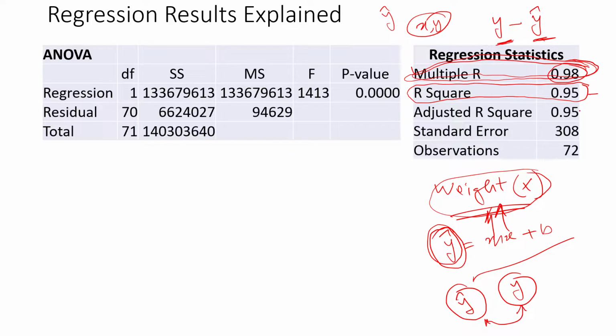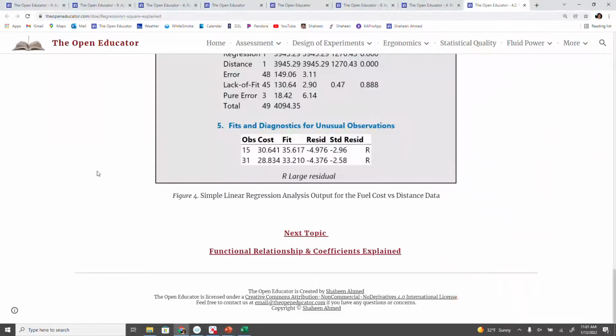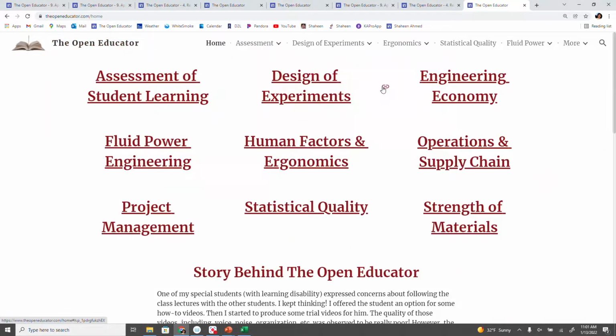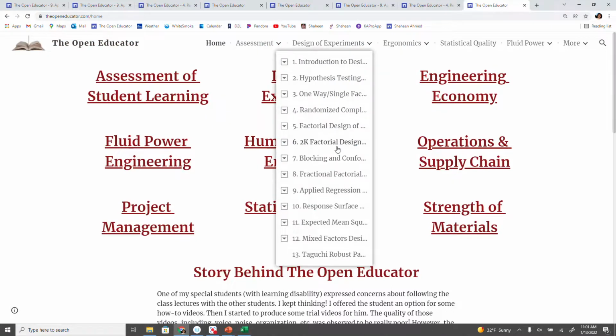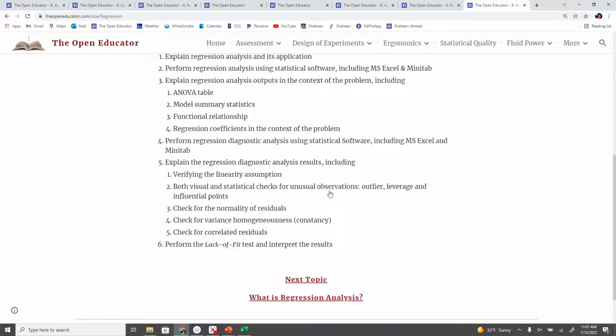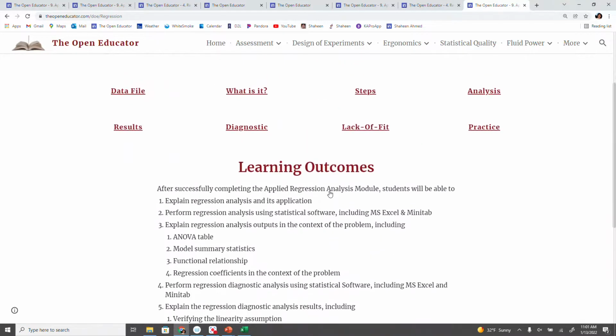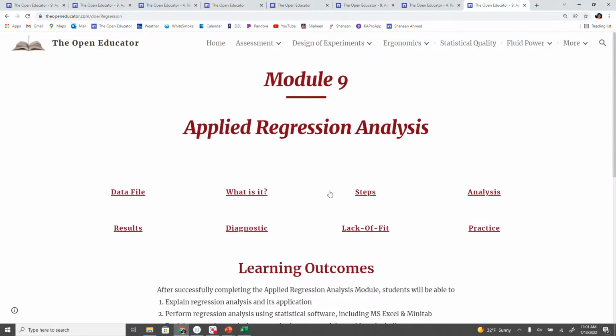Now there are a couple more statistics, adjusted R squared, standard error, things like that. If you're new to regression and want to know more about regression analysis, you can go to openeducator.com, and under design of experiment there is a chapter written on applied regression. So you can learn on this or refresh your memory if you forgot a lot of this.